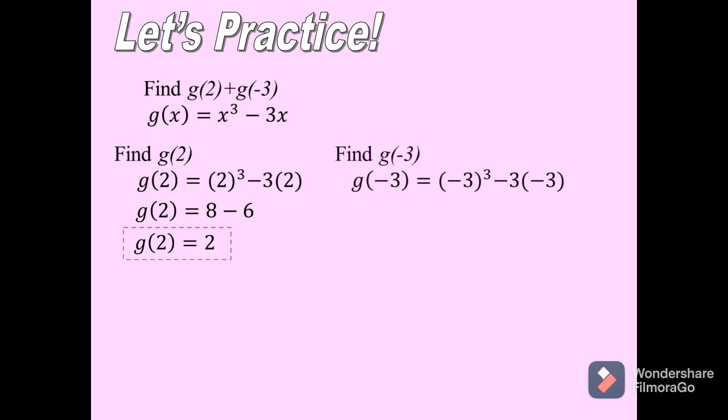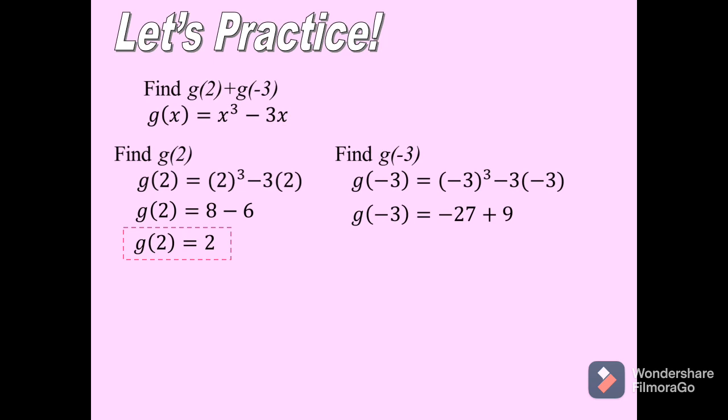Next, we need to find g of negative 3. So, we need to substitute negative 3 to all x that we have on the equation. So, we have g of negative 3 is equal to negative 3 cubed minus 3 times negative 3. By simplifying that, we'll get g of negative 3 is equal to negative 27 plus 9.